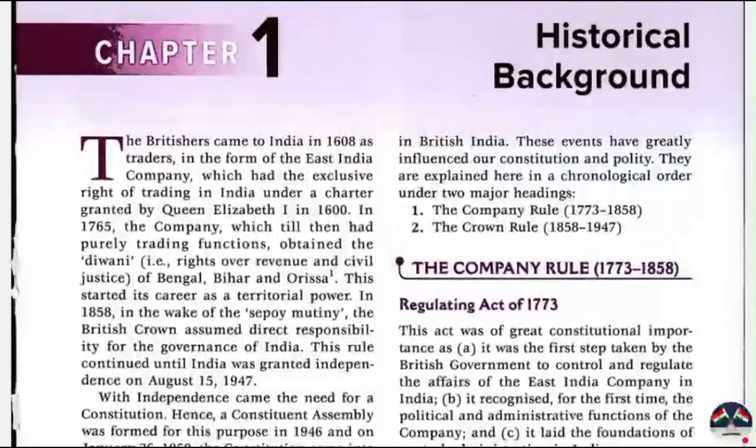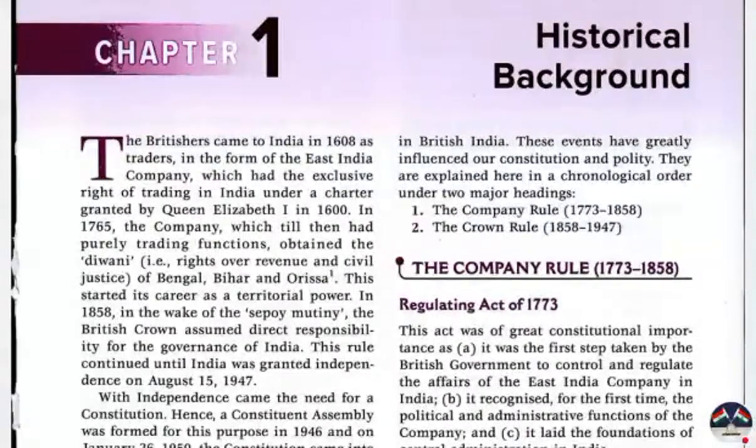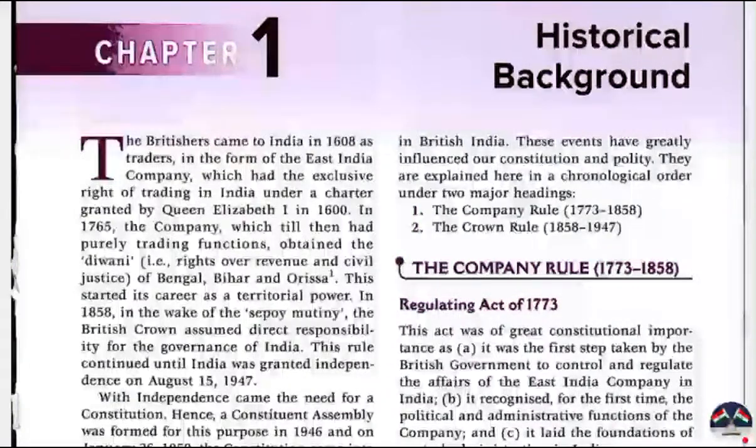The Britishers came to India in 1608 as traders in the form of the East India Company, which had the rights of trading in India under a charter granted by Queen Elizabeth I in 1600.